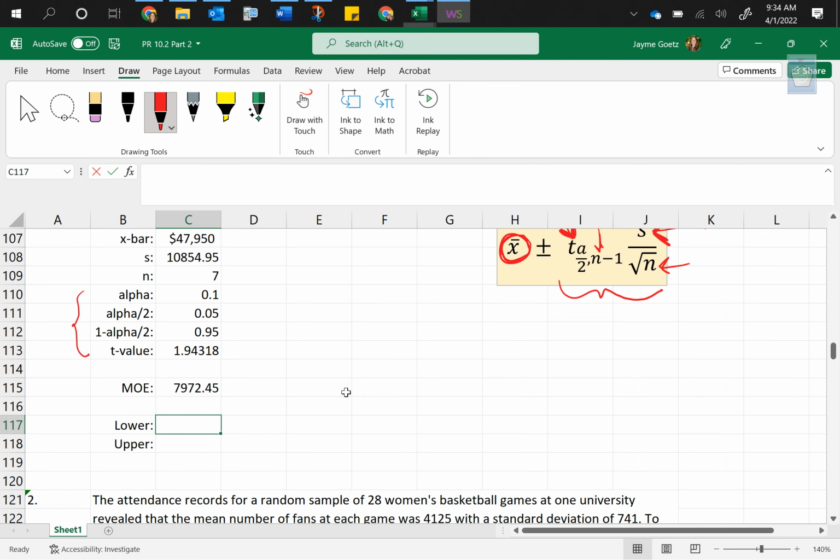So we're going to say equals my x bar minus my margin of error. And look, it puts it in money. That's really nice. And my upper is going to equal my x bar plus my margin of error. And that's going to be my interval. Okay?